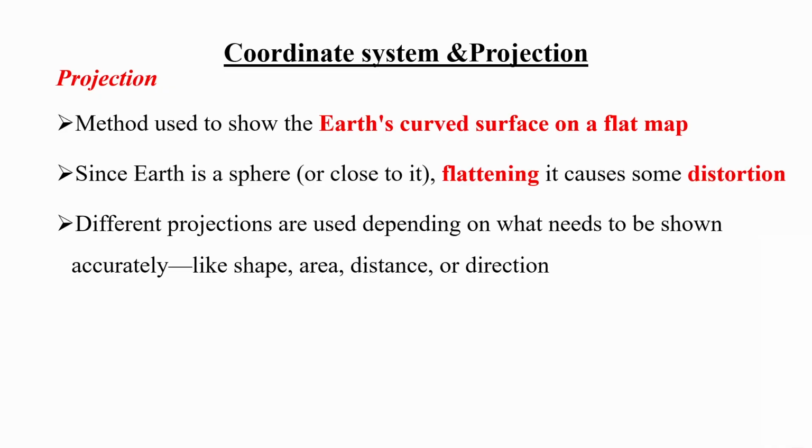The cylindrical Mercator projection is used, while in the polar areas the conical projection is used. So, different projections are used all over the world. Now we understand what projection means: the 3-dimensional earth converted into a 2-dimensional plane surface is called projection.